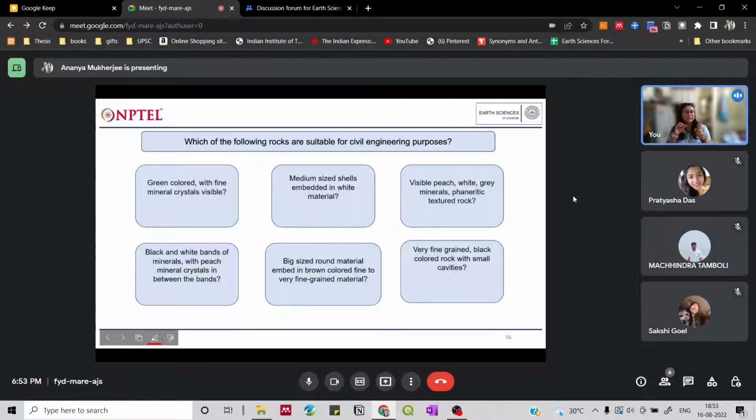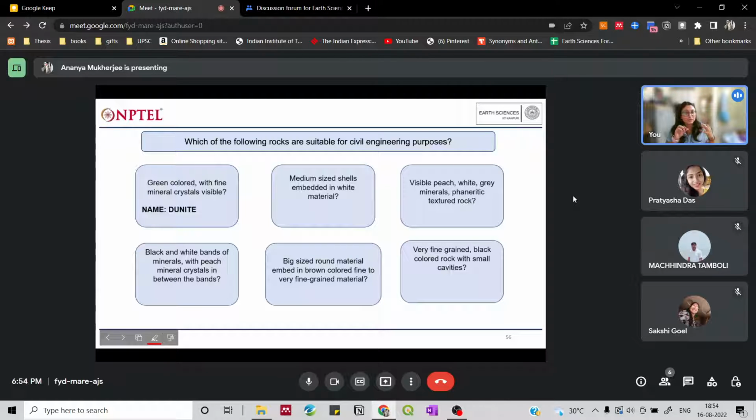It is green in color. Now green color is very significant for one kind of rock, that is ultramafic rock, and the name is dunite. Dunite is an igneous rock rich in olivine. Now will we consider this for our civil engineering purposes? No. Why?